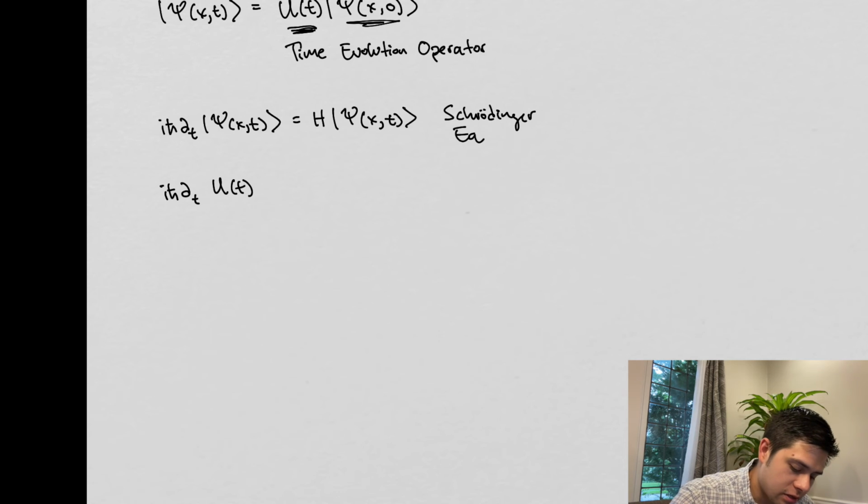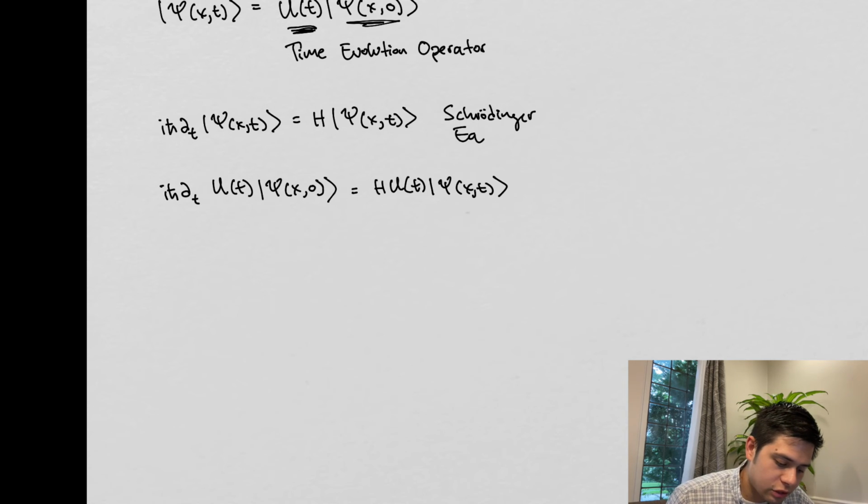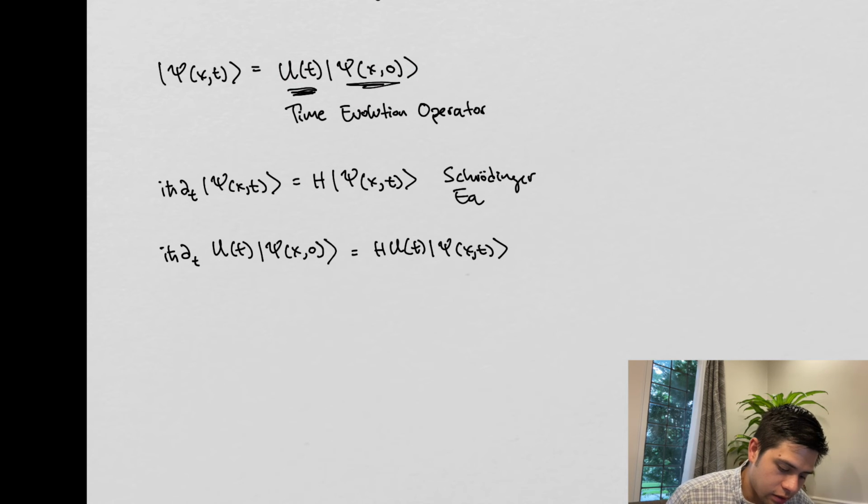This is the Schrodinger equation, and if we take now the time evolution operator and we put this in place of our states in the Schrodinger equation, this is what we get. Right? So we're really just putting this guy in place of these guys right here.